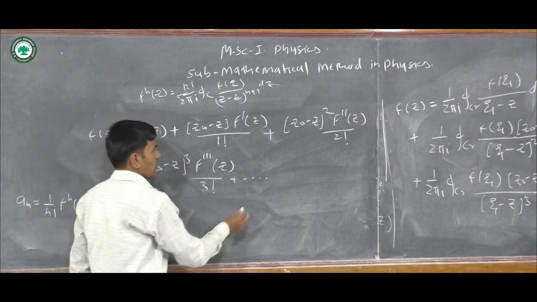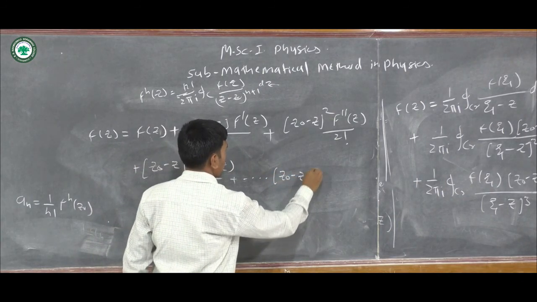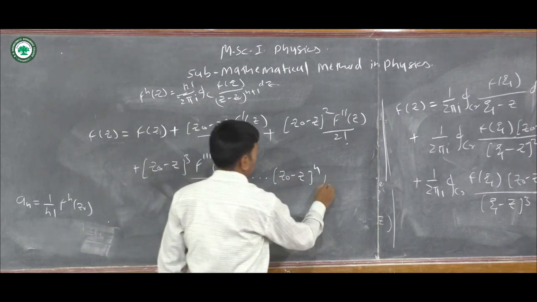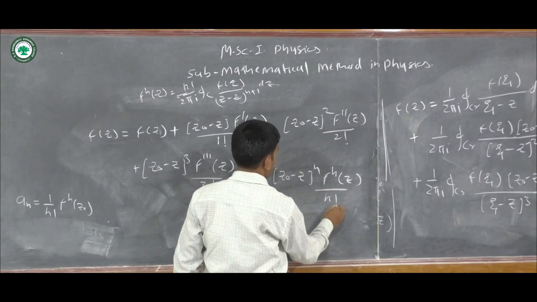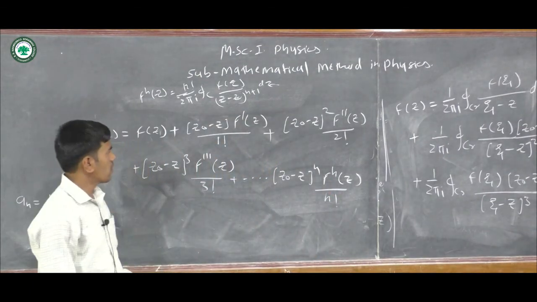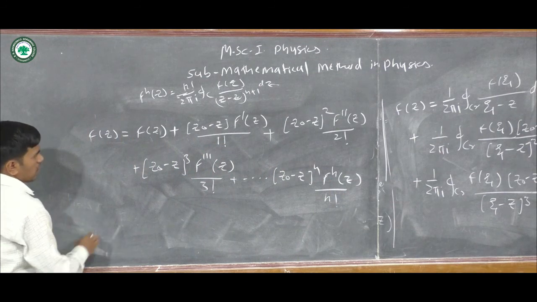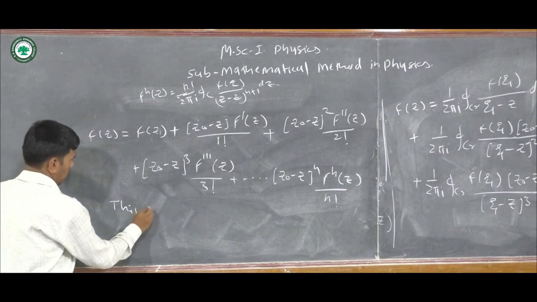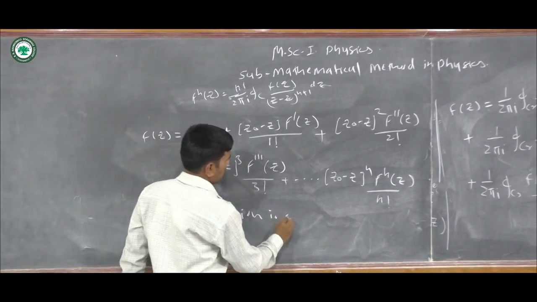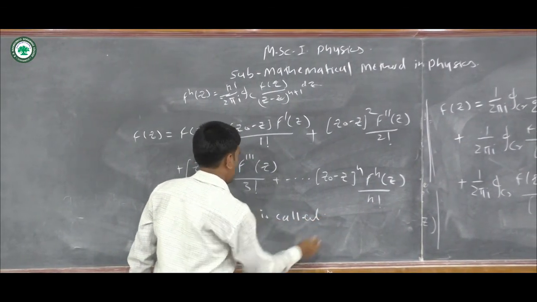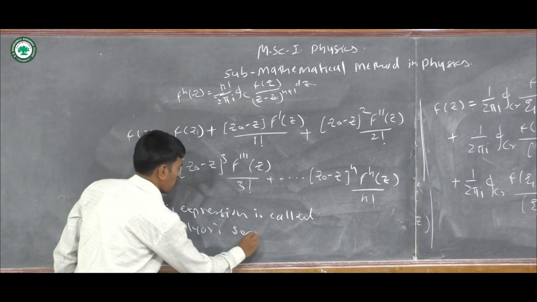Like this we can write for the nth term, that is (z0 minus z) power n f n of z divided by n factorial. So this expression is called the Taylor series.